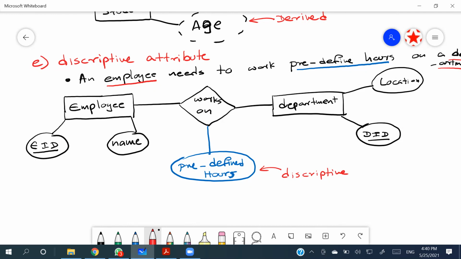We can't keep that attribute onto one particular entity, so because of that, we just keep it on the relationship. It indicates it belongs to everyone, or like everyone participates in dealing with that particular attribute.